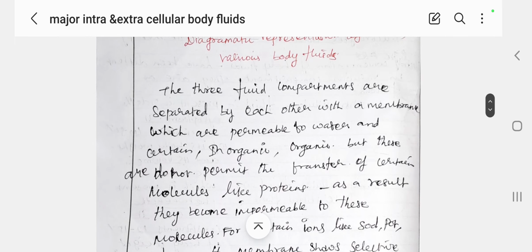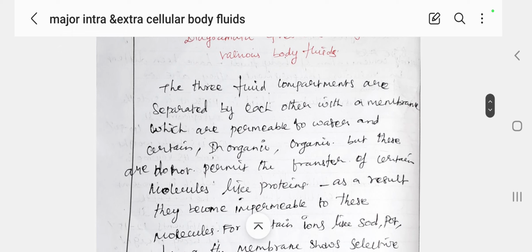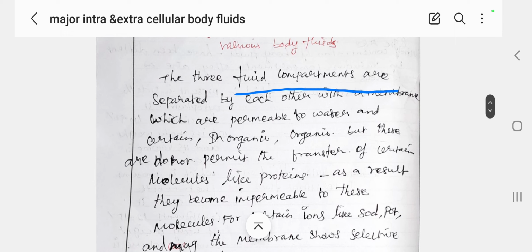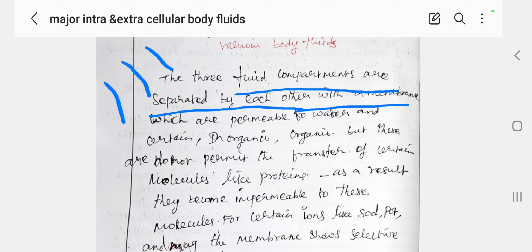Okay, so there are three layers we discussed: intracellular body fluid, extracellular fluid, and plasma or vascular fluid. These three fluid compartments are separated from each other by a membrane. If you see here, they have separate membranes between each other, between intracellular, extracellular and plasma.